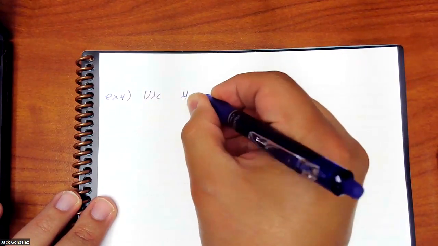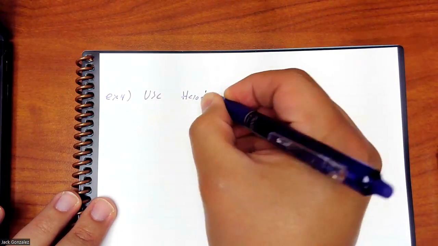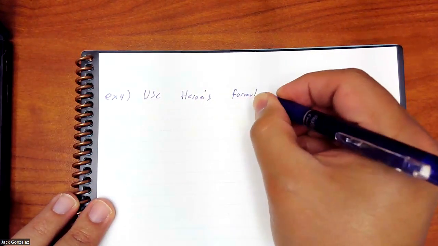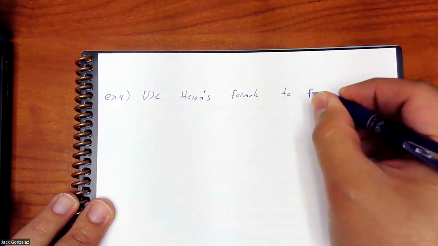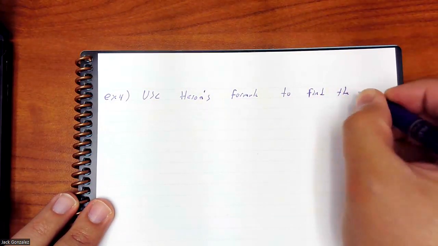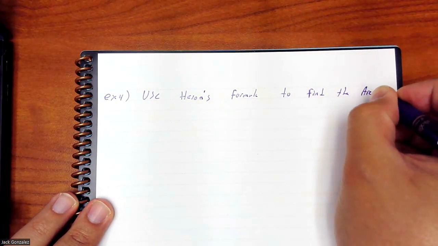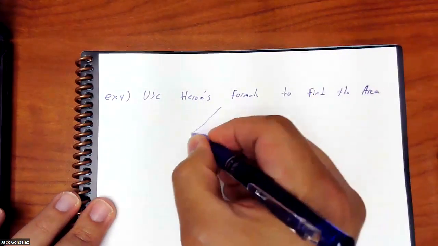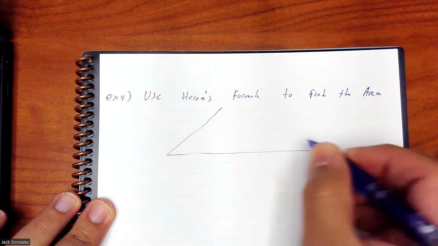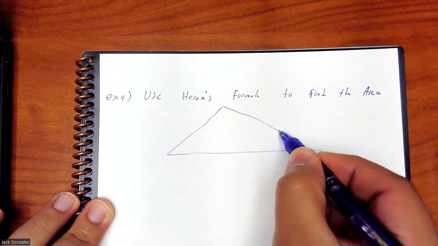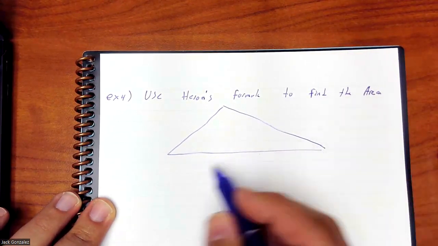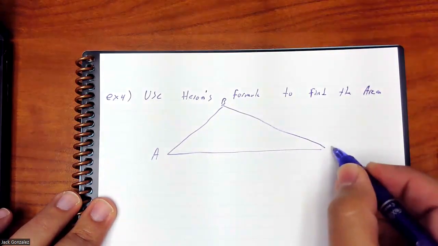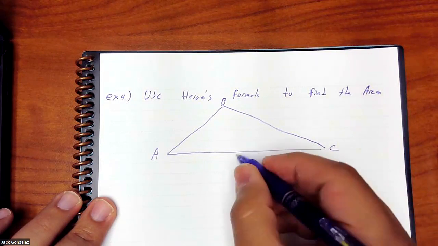Use Heron's formula to find the area. So in an exam, what I'm probably going to do is say, find all these missing sides and angles and then give me the area. For this one, I'm just going to go ahead and give you the sides just for the practice.